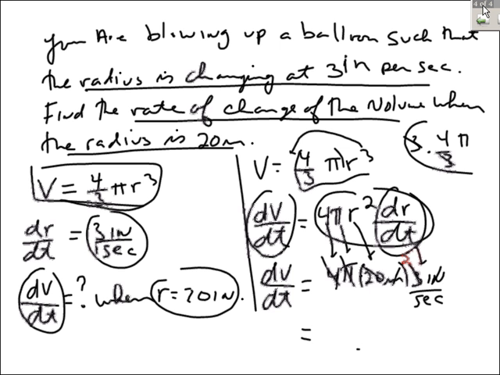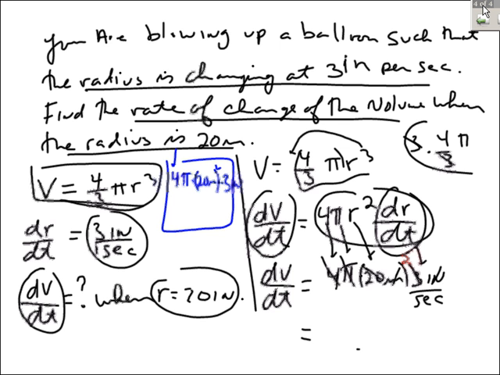Okay, 4. So, right in this corner here, we'll work it out. You have 4 times pi times 20 inches squared times 3 inches.